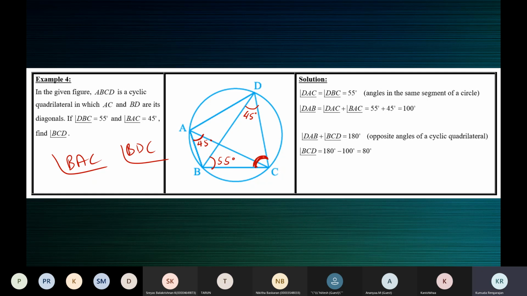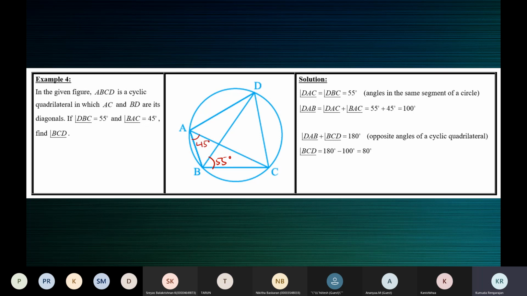And then, as I told you, this one is an angle of triangle BCD. So using the angle sum property, you can find the measure of this angle. 55 plus 45 is 100, and so this will be 80 degrees. What did we do now? DBC is 55. BAC is 45.